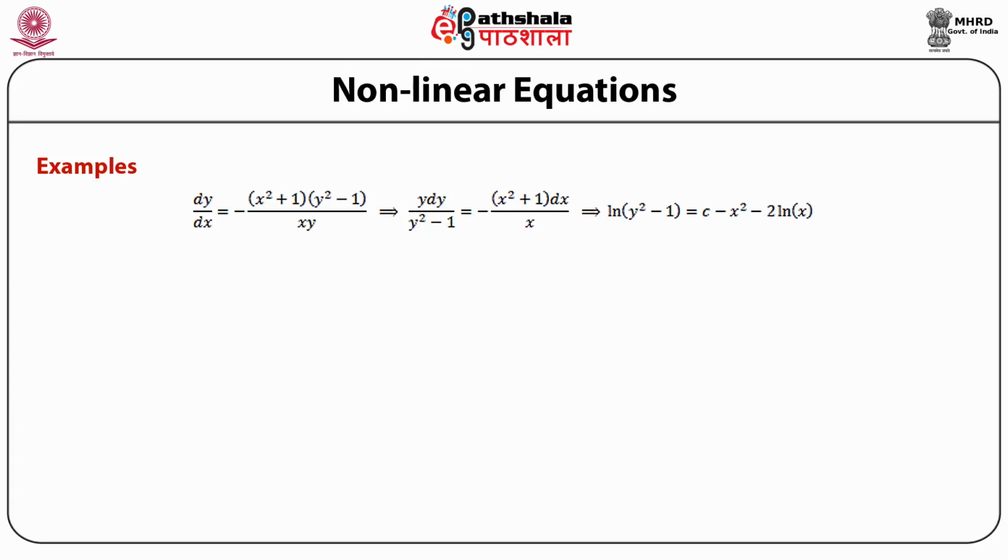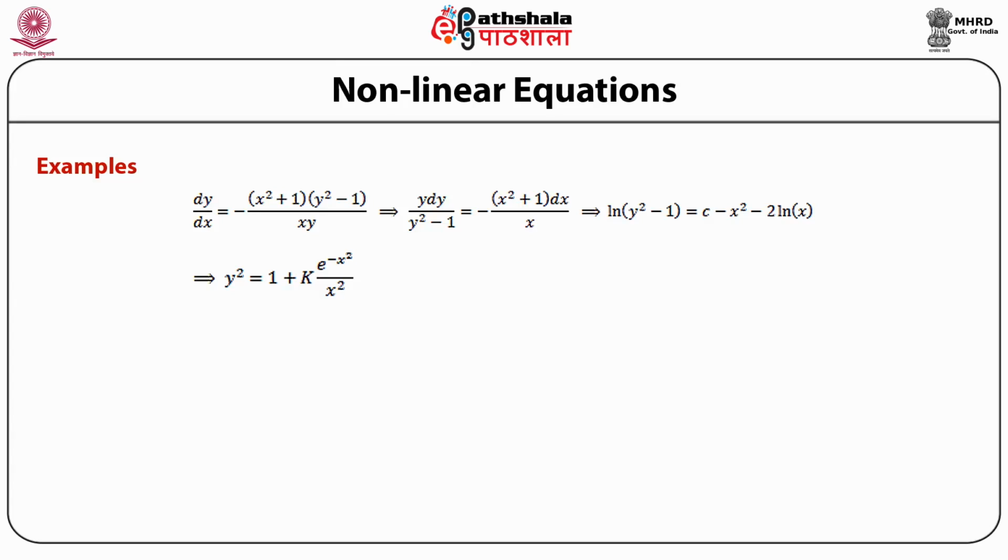On integrating the equation, we obtain natural logarithm of y square minus 1 equal to c minus x square minus twice the natural logarithm of x. Y square is equal to 1 plus k times e raised to power minus x square by x square.